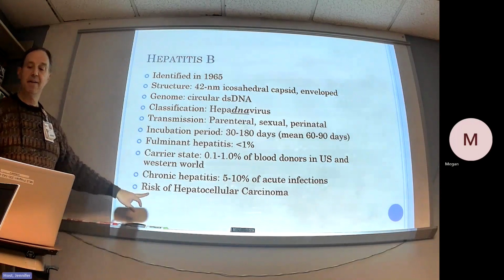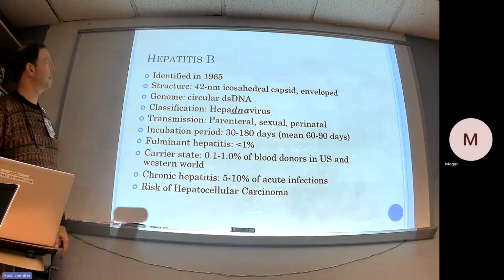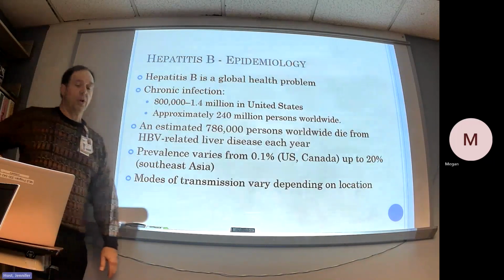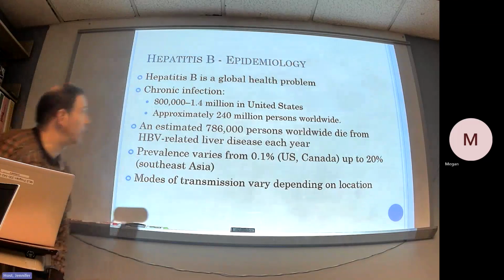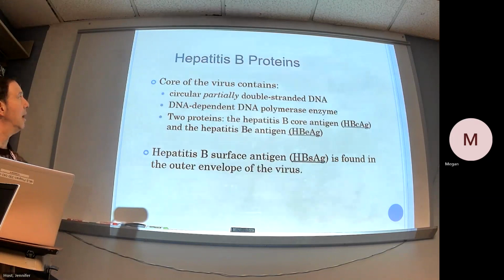And anytime you have chronic hepatitis, you can have cirrhosis. So it's a big health problem globally. You can see the number in the United States, and modes of transmission vary depending on where you are.